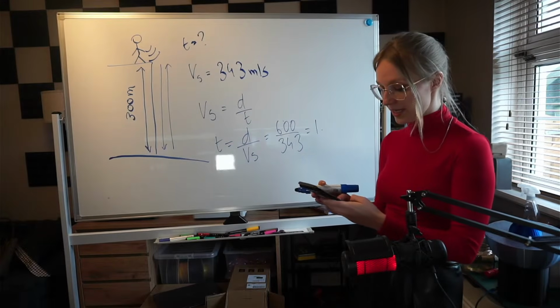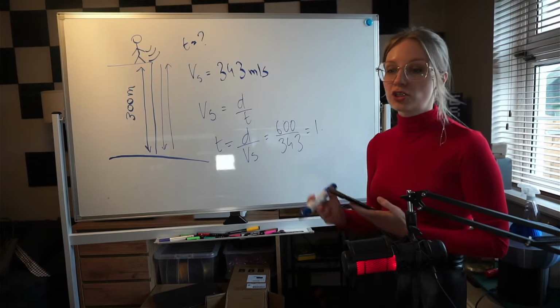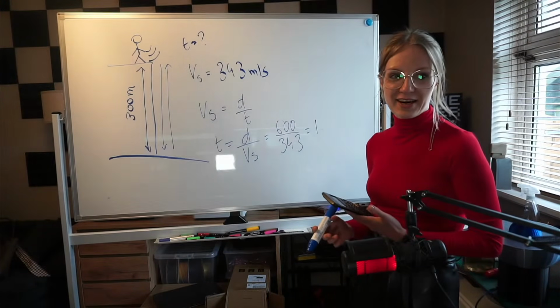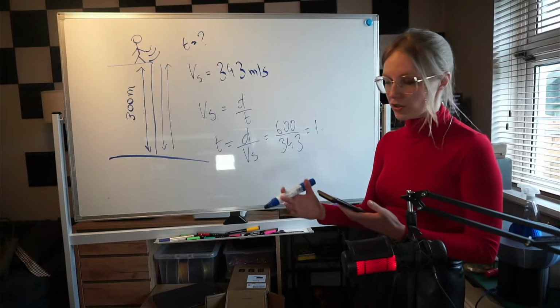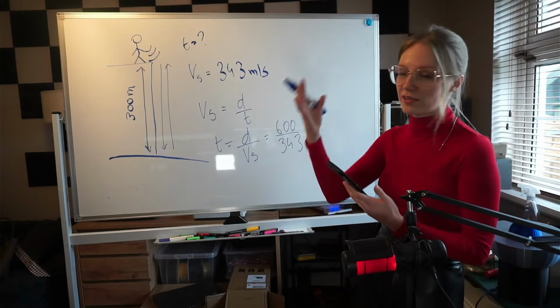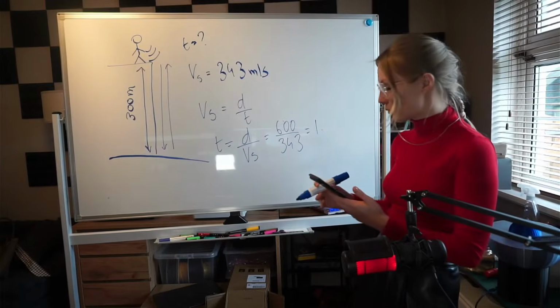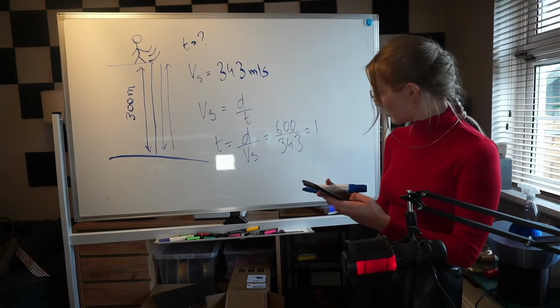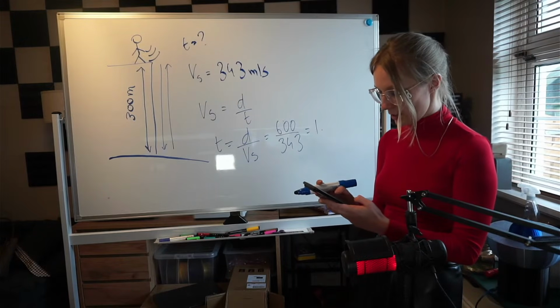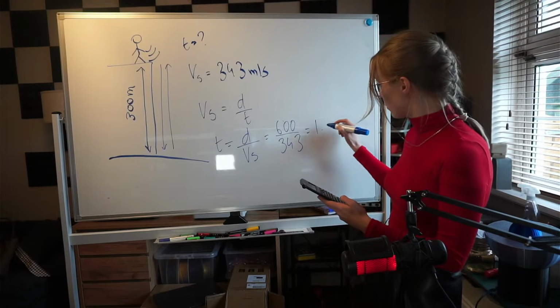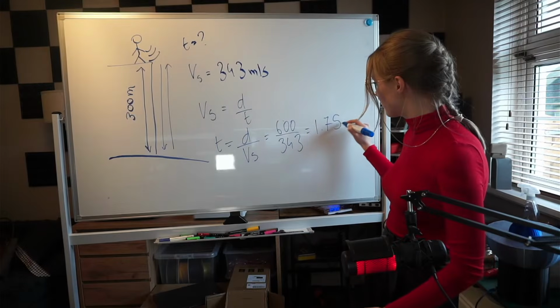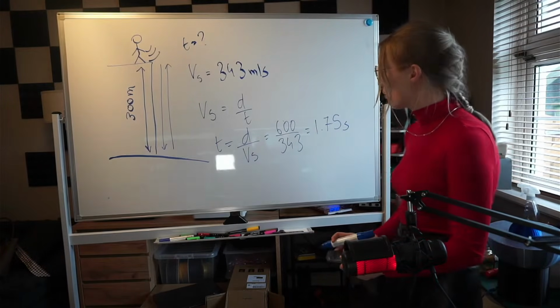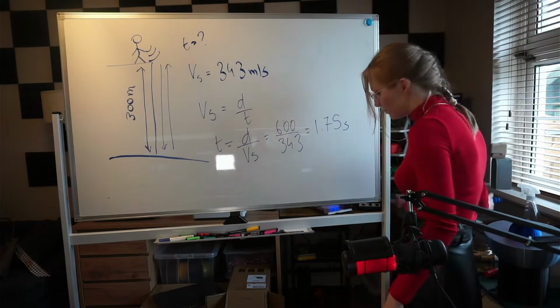But generally speaking, anything can change it. The concentration of oxygen in the air could affect it because the molecule of oxygen versus nitrogen is slightly different. Obviously, it's probably so negligible we don't even have to worry about it. But it's going to be just under 2 seconds. It is 1.749 or 1.75 seconds. Okay, 1.75 seconds.